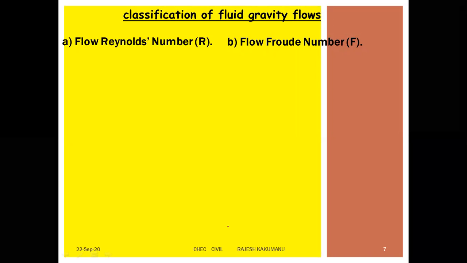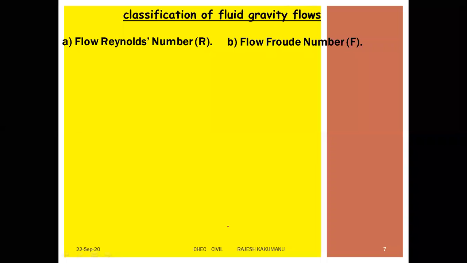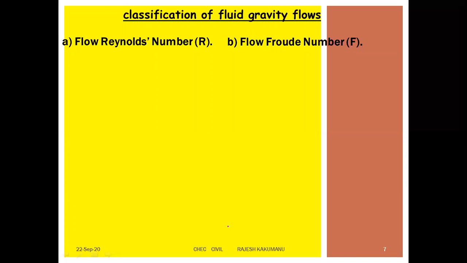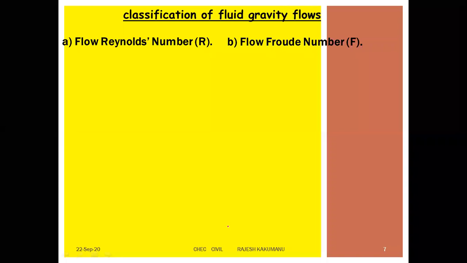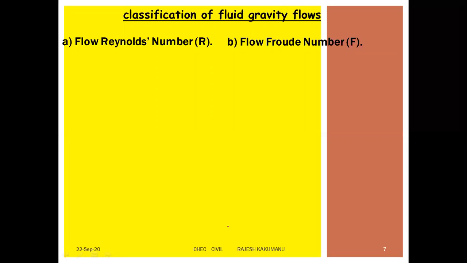We use flow Reynolds number Re, and the second one is flow Froude number, capital F. These are the two scientists who gave explanations regarding fluid flow in gravity, where we are not using any mechanical devices like pumps or fans. They derived experiments based upon the Reynolds number and the Froude number.